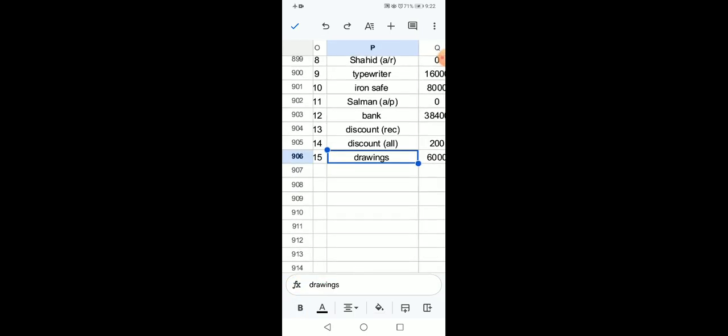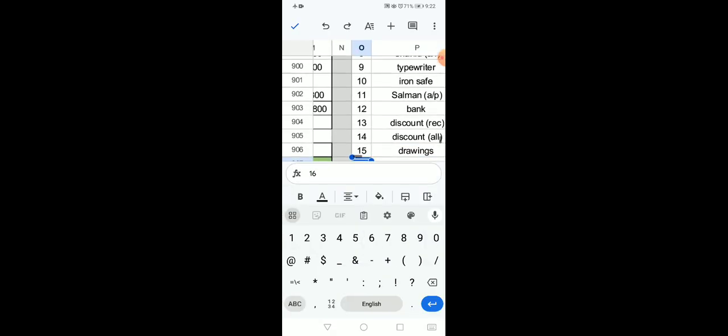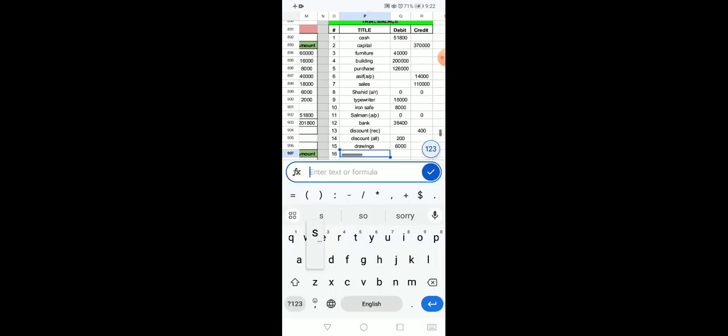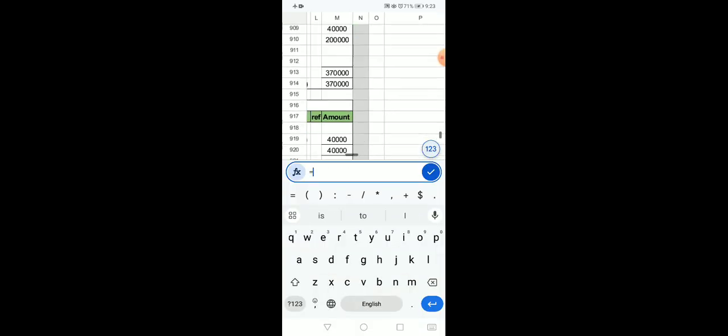It's okay. So we are now up to the 16th ledger. First we will see the title of the 16th ledger, and this is electricity bill. So you will write electricity bill in the title column. Okay, and we will see where the balance is brought down for electricity bill.